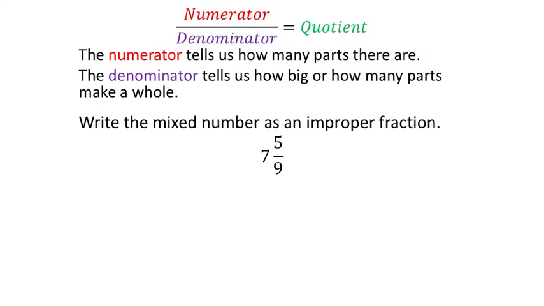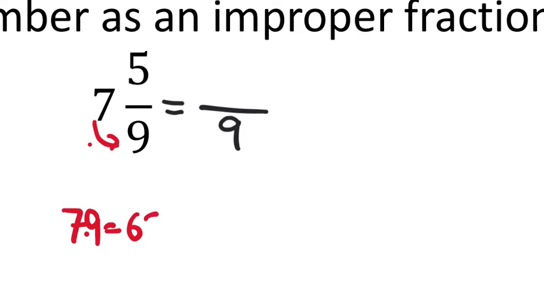So let's practice some C method, changing this mixed number into an improper fraction. So here comes some C method. But before I do the C method, I'm going to write the denominator the same, because remember, the C method stuff is not going to change the denominator. It only changes the numerator. So to start out, I'd have 7 times 9 there, and that's multiplication, 7 times 9, which is 63.